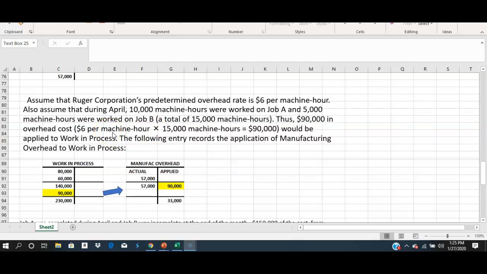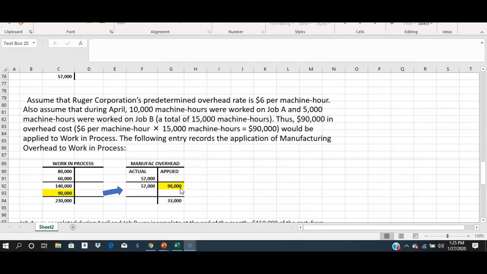So when you assign overhead costs, it's going to increase your work in process overhead account. So the $90,000 is shown on the left-hand side of the work in process, which is the increase side. Now for the manufacturing overhead account, it is shown on the right-hand side.